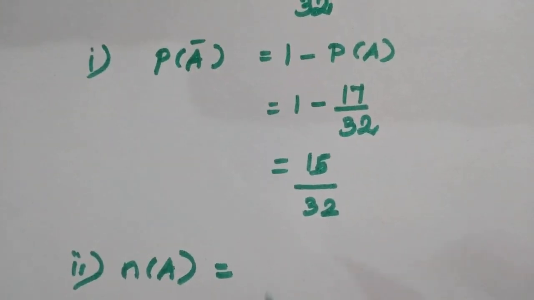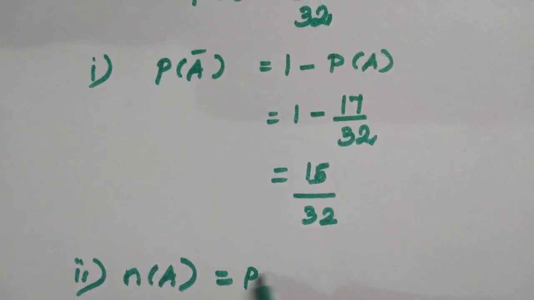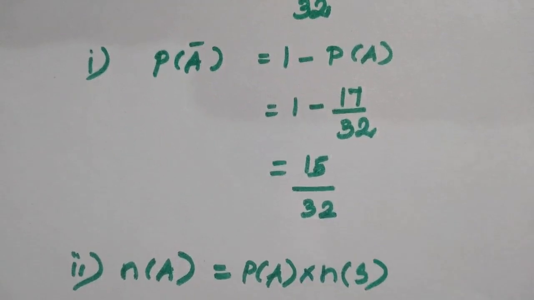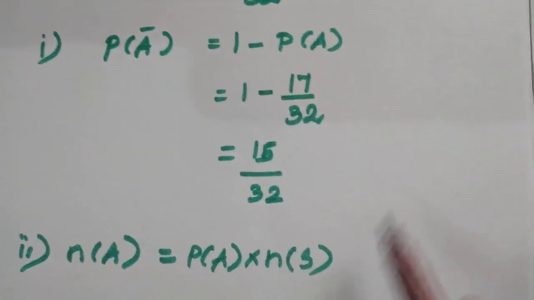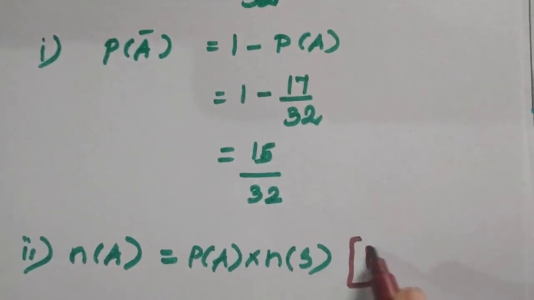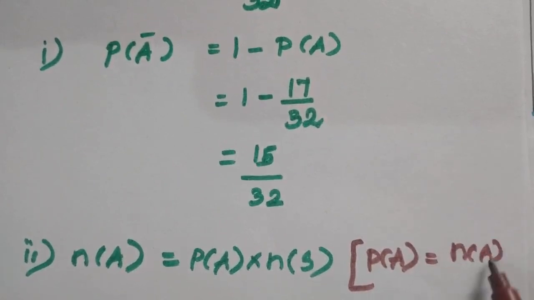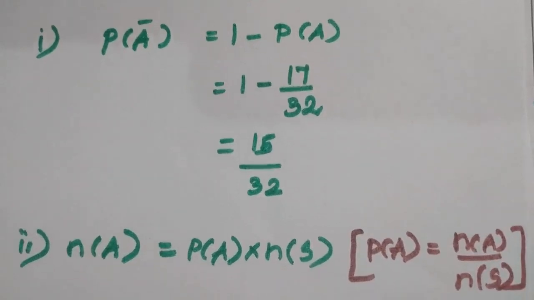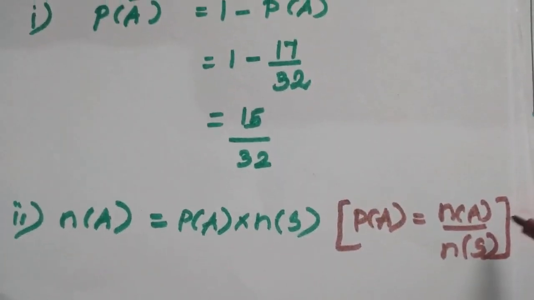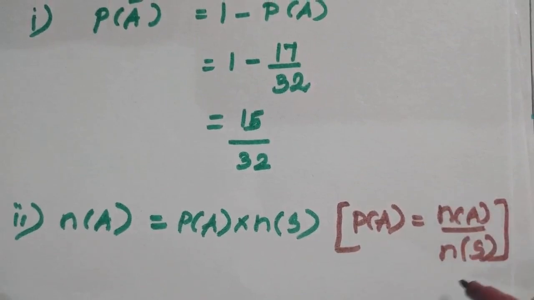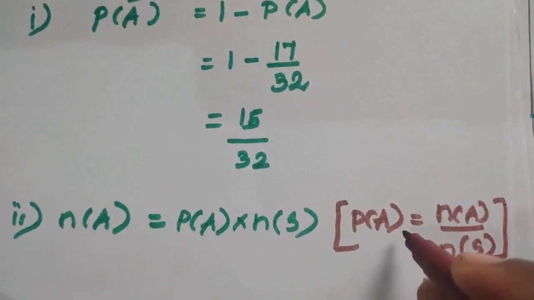N of A is equal to P of A into N of S, because the formula is P of A is equal to N of A by N of S. Here we have to find N of A, so you can cross multiply this N of S to your left hand side.